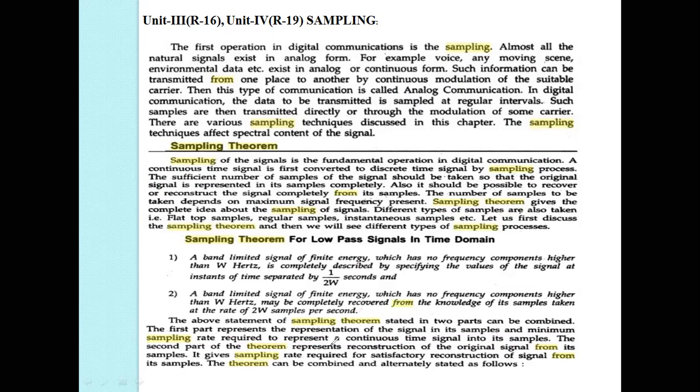The second part of the theorem represents reconstruction of the original signal. Suppose I take this original signal and use these samples, we can merge these two signals, then remove the samples and reconstruct the original signal again.